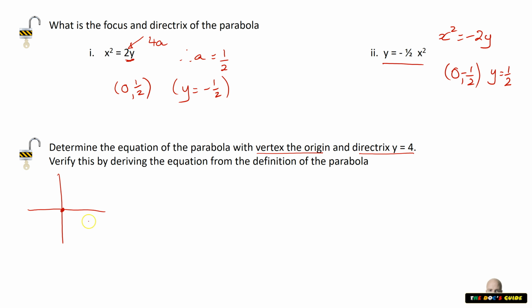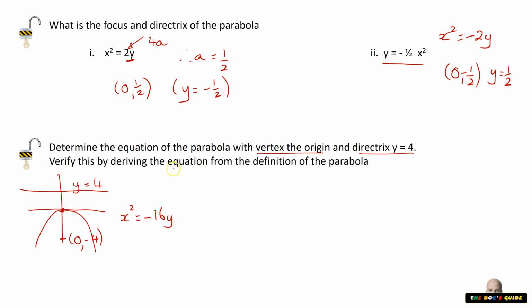So vertex is here, directrix is here. That's telling us we've got a concave down parabola with the focus here at 0, minus 4. So the value of a is 4. So our parabola is x squared equals minus 4ay. x squared equals minus 16y.